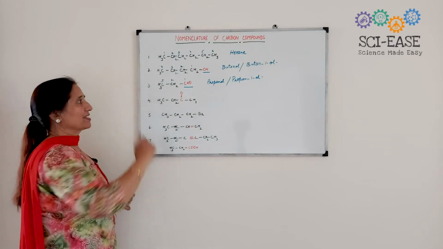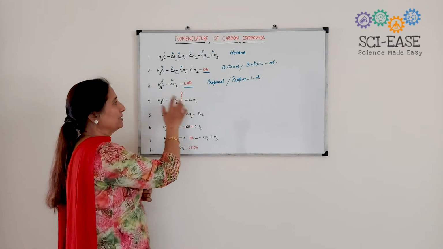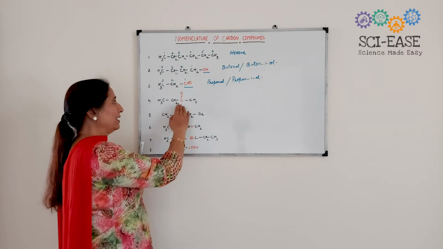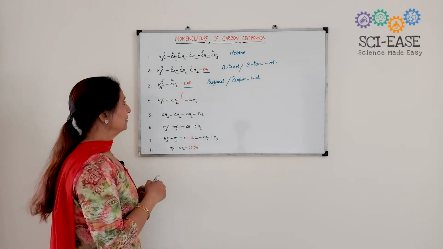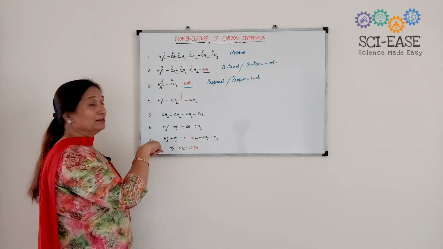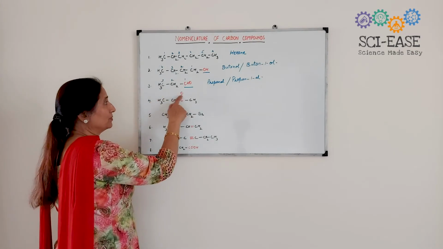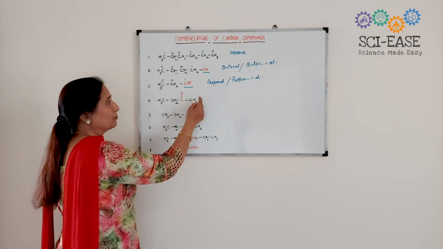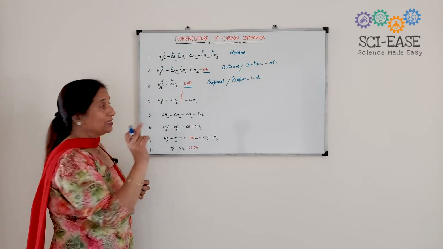Now take the next case. I have told you that the ketone group is in the middle. And here again, the carbon of this carbonyl group will be counted. But from where will the numbering start? If from here, then this will get number 3. But when we count from this side, it is 1, 2. So the group should get the lowest number.